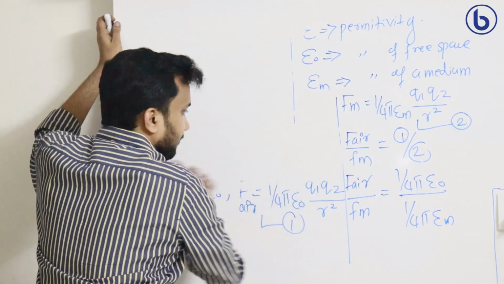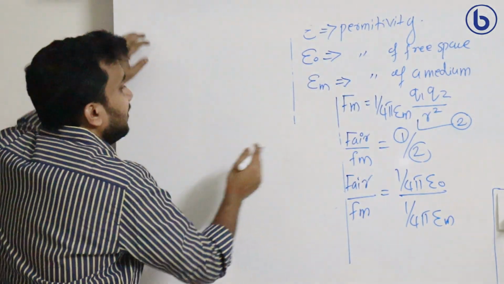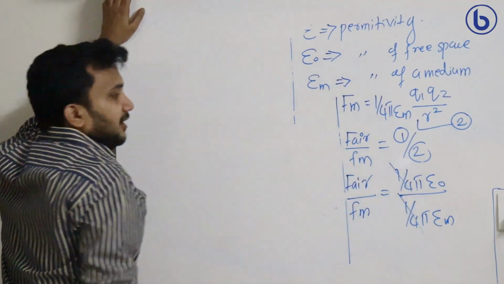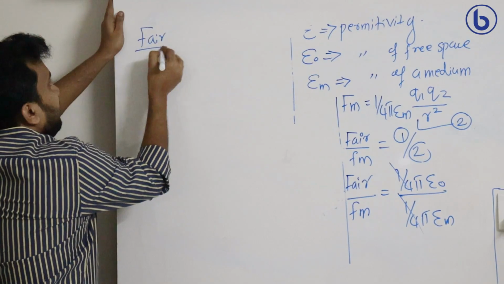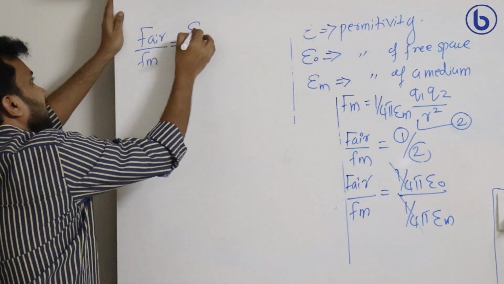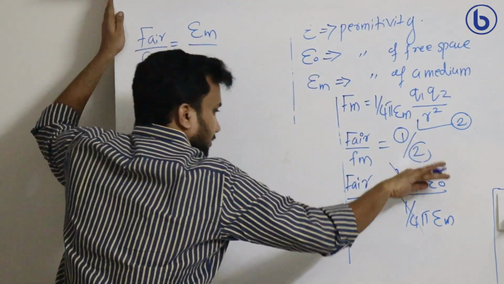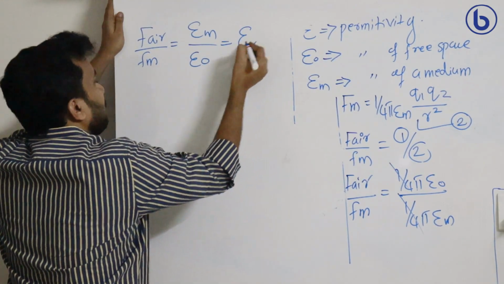We are just simplifying the final equation. So what will come? F air divided by F medium is equal to epsilon m will go to the numerator, right? Epsilon m, and epsilon 0 will come to the denominator. Epsilon 0. This is something called epsilon r.